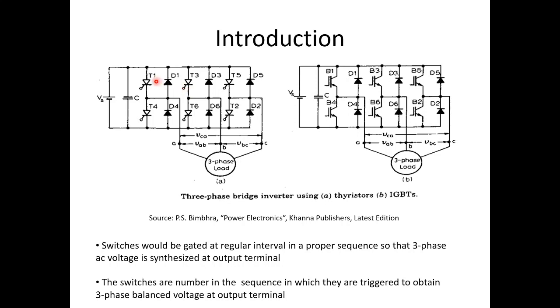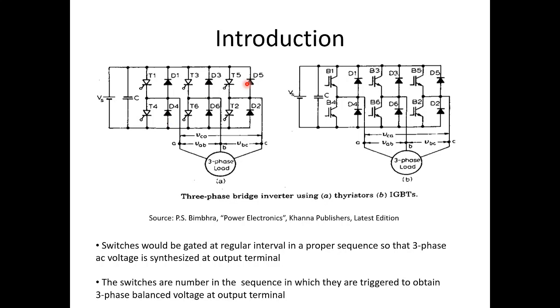For example, in 180 degrees mode operation, you need to trigger 3 switches at a time. At a given instant I am triggering 1, 2 and 3. In the next step you have to trigger 2, 3 and 4. In the next step you need to trigger 3, 4, 5 and so on.